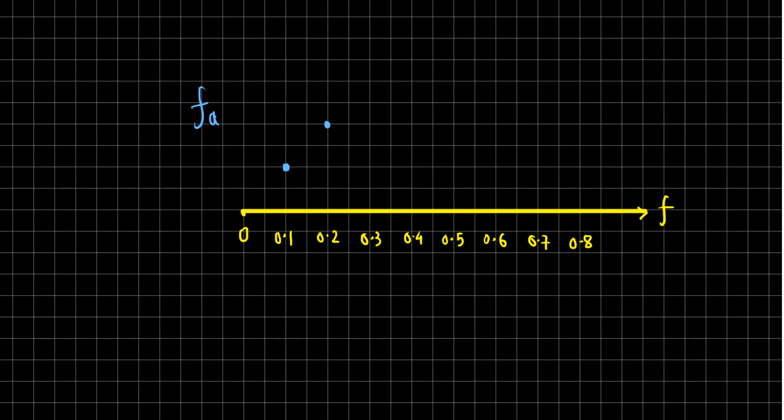Similarly for 0.3 and 0.4. At the end, at 0.5, we get the final dot. So all these values are getting mapped correctly from 0 till 0.5.